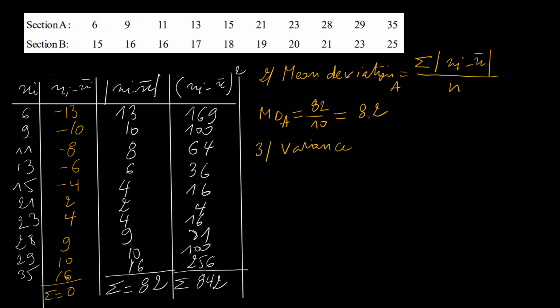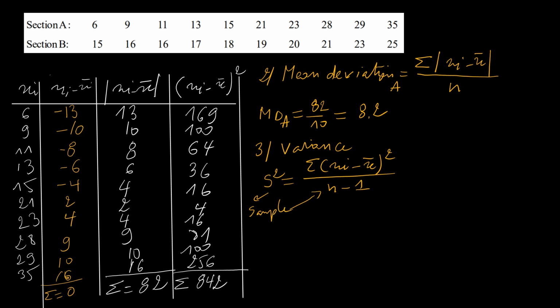The third measure of dispersion is the variance, and the variance is based on the second method. The variance is denoted by S squared, because here we deal with samples and not with populations. So S squared is the sum of xi minus x bar squared divided by n minus 1, because here S is the sample.